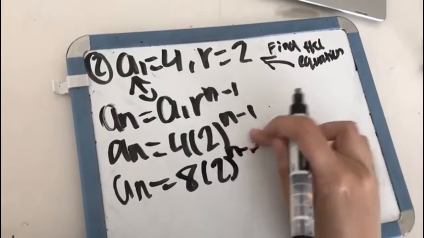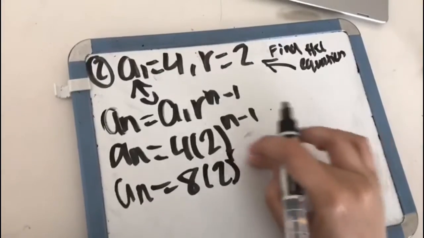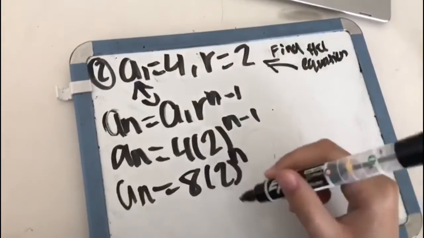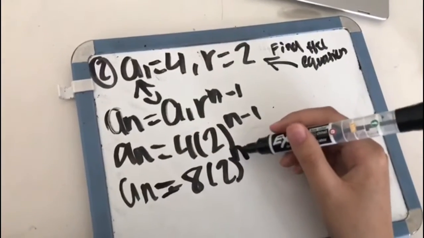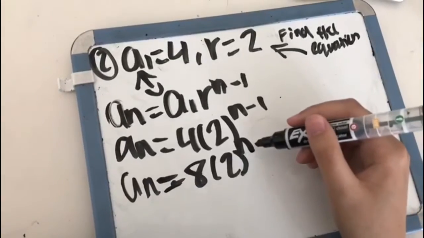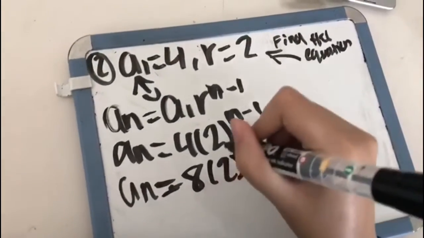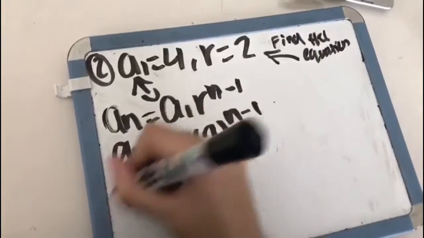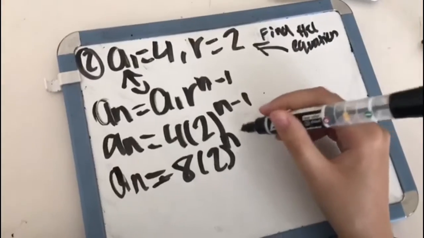Or actually it would just be n, my bad. So it will be equal to 8 times 2 to the exponent n. When you find the equation in the last step, then you can find the nth term.